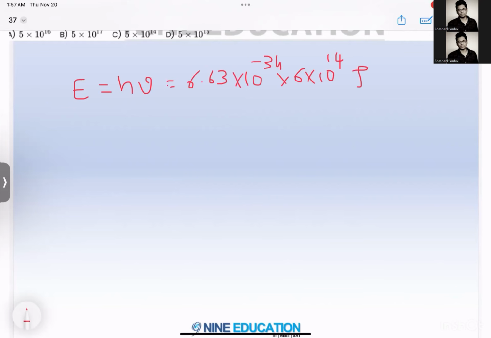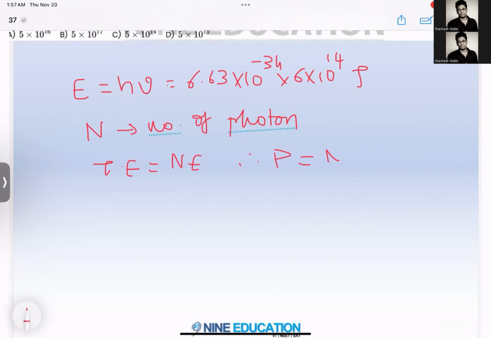Let's say there are n number of photons, then the total energy is going to be n into E. Therefore, the power of a monochromatic light, that is energy per second, is going to be n into E. Here, n is number of photons per second.